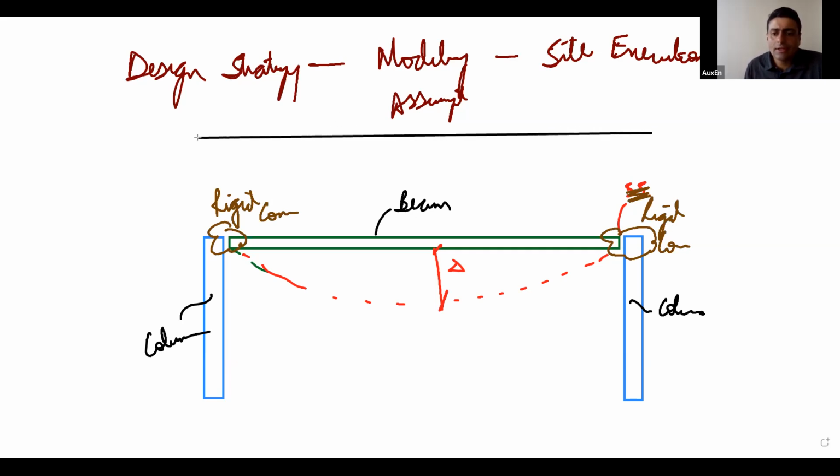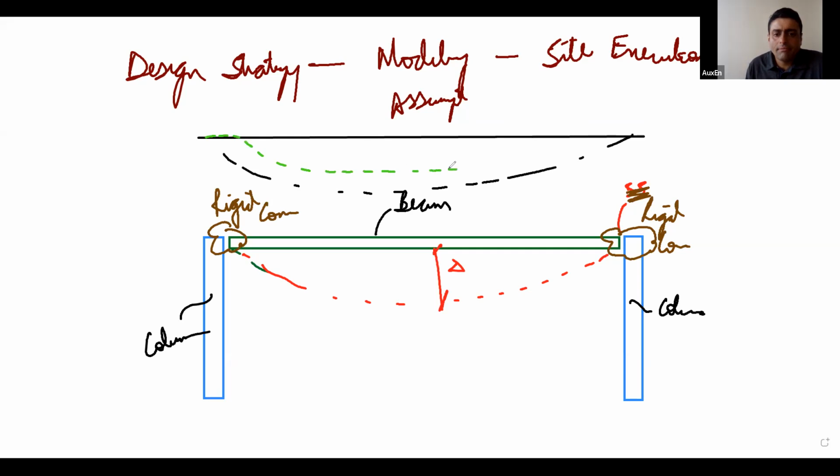The earlier deflection pattern that we were getting of a simply supported beam now changes to a rigidly connected beam. Are you all understanding? So the deflection naturally will go down.